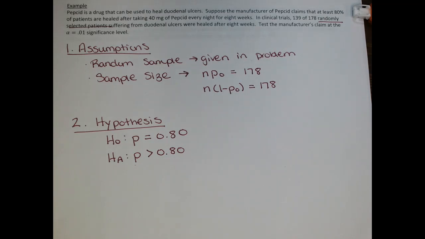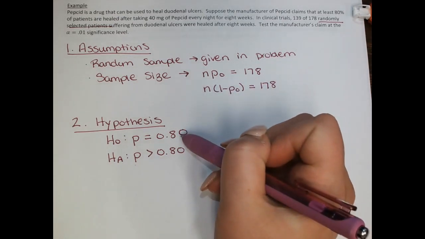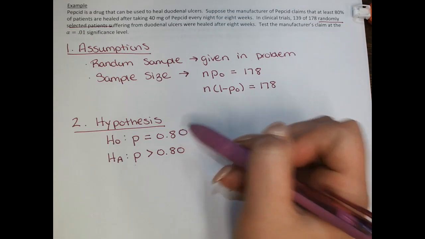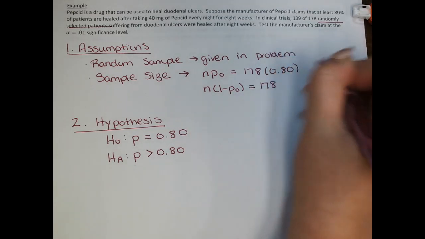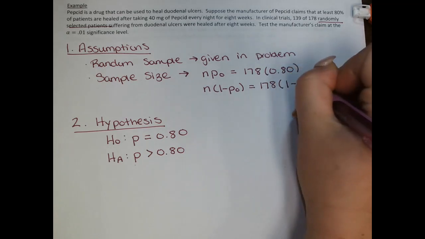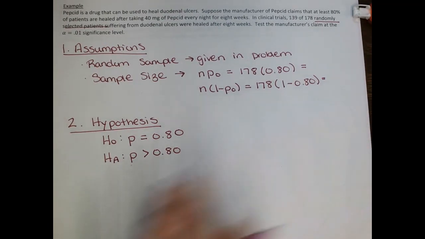So now that we've identified our hypotheses, we can go and finish our sample size check. P naught is going to be whatever value is listed under the null hypothesis. So here we'll have times 0.80, and here we'll have 1 minus 0.80. Next, we'll place these in our calculator. So if you'd like to work along with me.